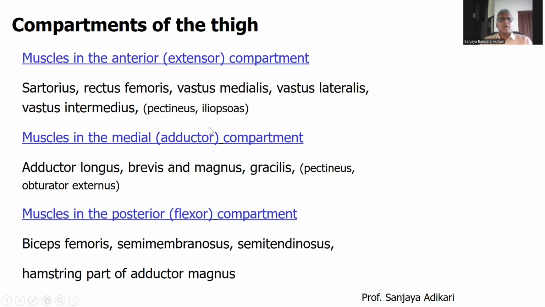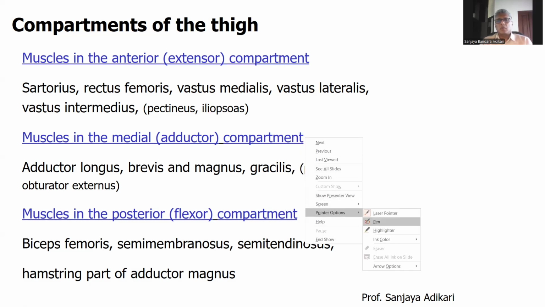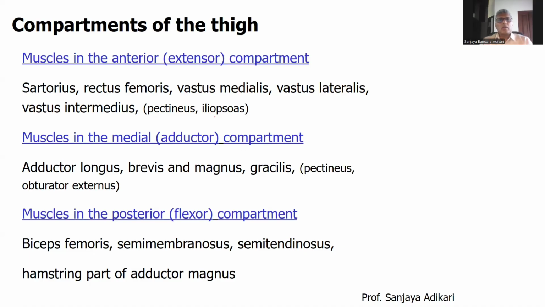Then similarly, when it comes to the anterior compartment, iliopsoas is a muscle that contributes to form the floor of the femoral triangle.